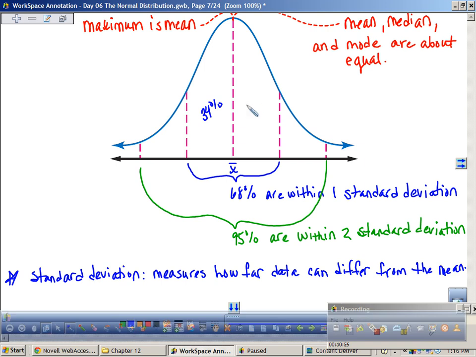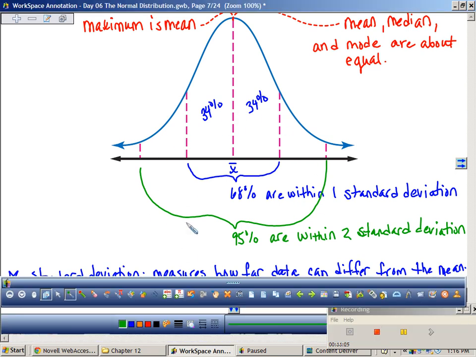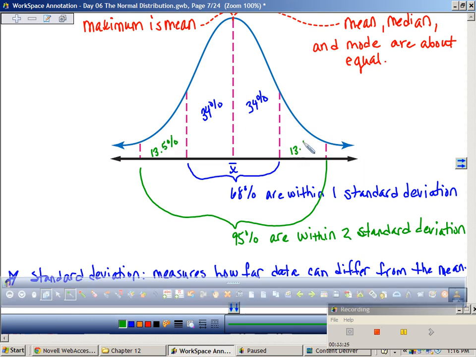And in this bar here? 34. So if this is 68 and all of it is 95, how much would be in here? 13.5. You didn't cut it in half, right, Kevin? 13.5.